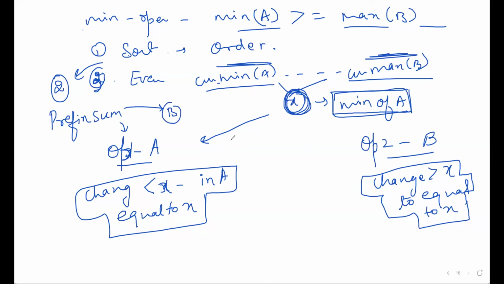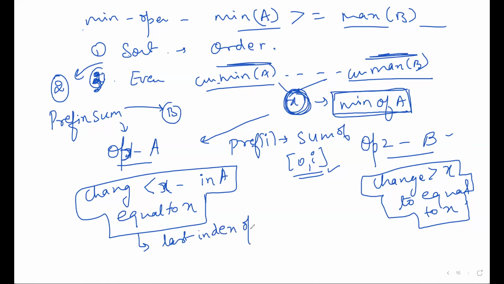What will those prefix sum arrays store? Prefix of I will store the sum of all values from index 0 to index I. Now after doing this, you will perform the third operation: going through all the elements, for the current value x, you try to make it the minimum of A and change values greater than x to x in B. For this operation, you have to find the last index of an element which is less than x.